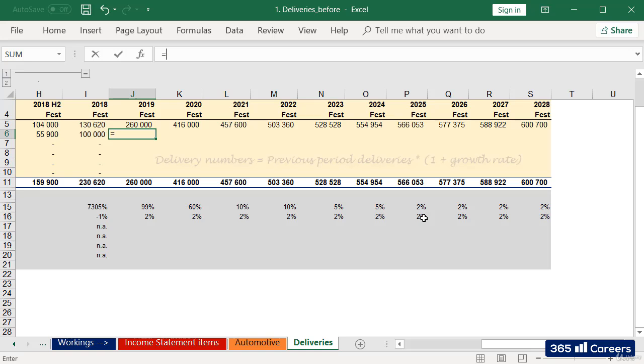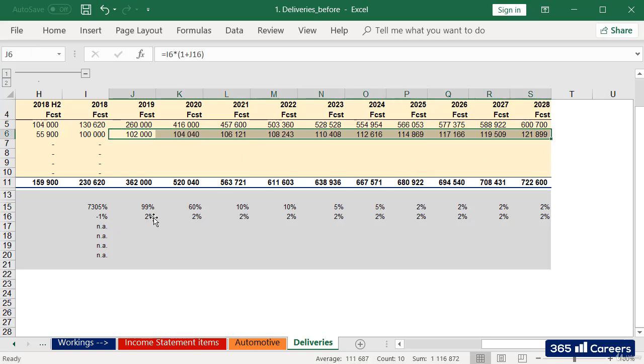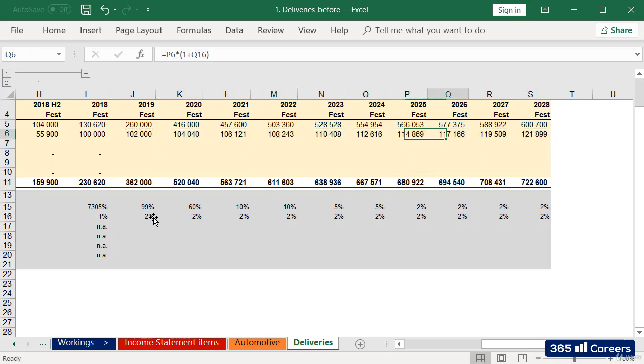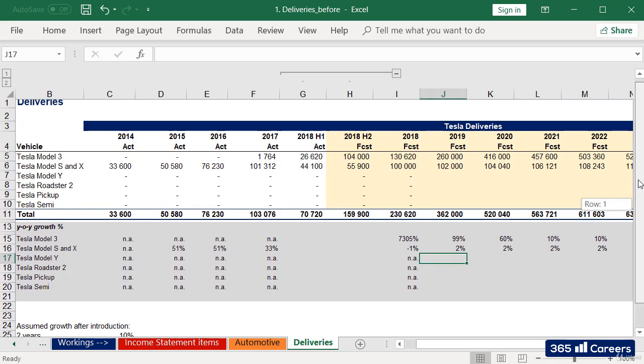Again, I'll obtain actual delivery figures by applying the growth for each period to the previous period delivery figure. We expect Tesla will be able to deliver more than 100,000 Model S and Model X vehicles per year during the forecast period. Perfect!